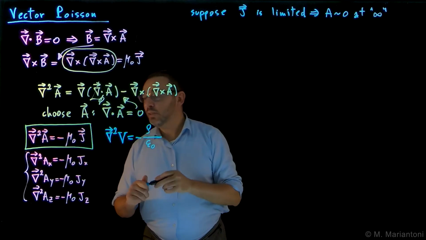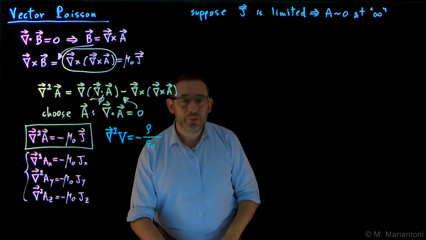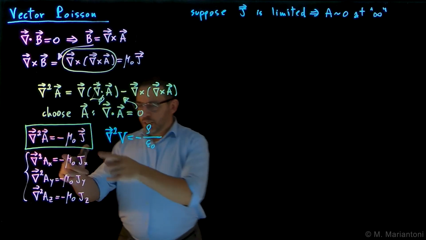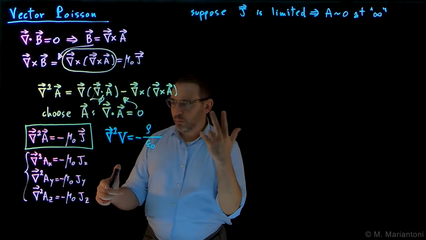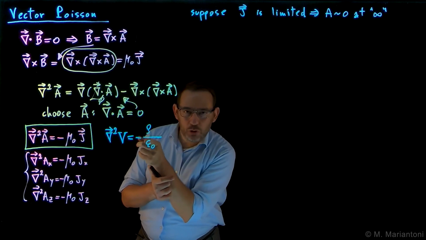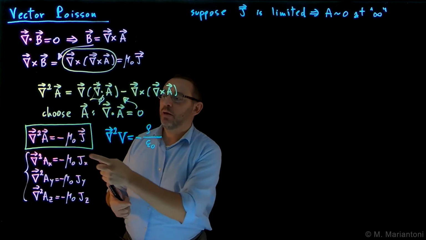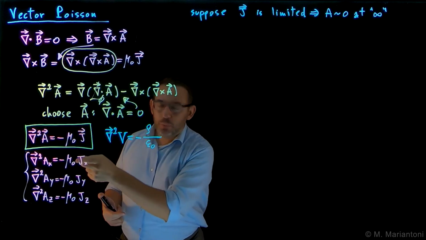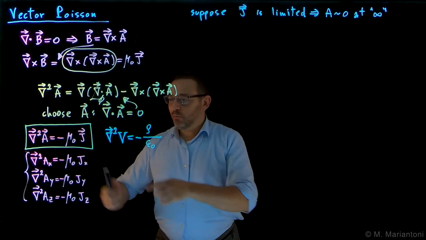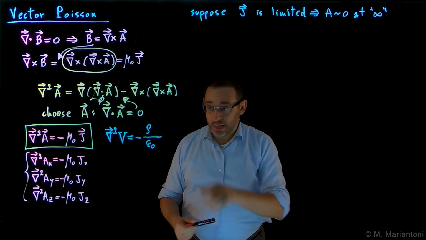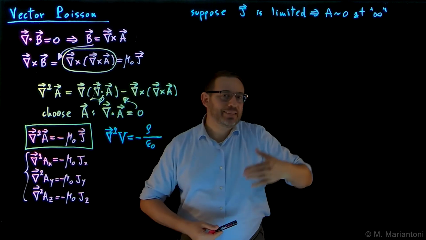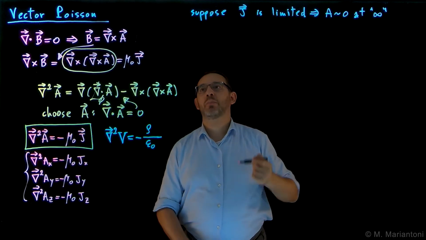Under these conditions, same equations have same solutions. Each of these three equations is exactly like the electrostatic one. The only difference is that instead of having 1 over epsilon naught, we have mu naught. And so we already know that one of these solutions is a Coulombian type electrostatic potential, and so each of ax, ay and az is also a Coulombian type result.